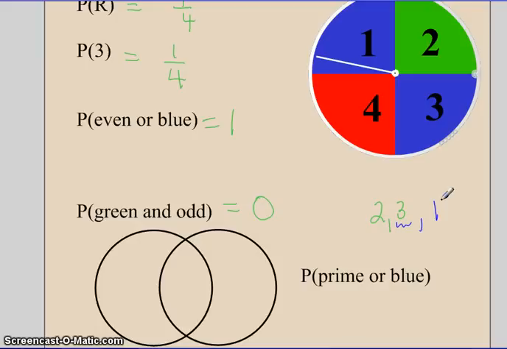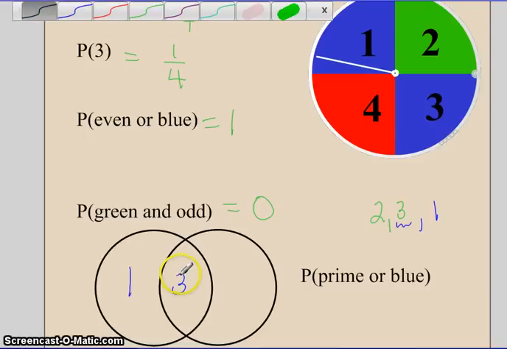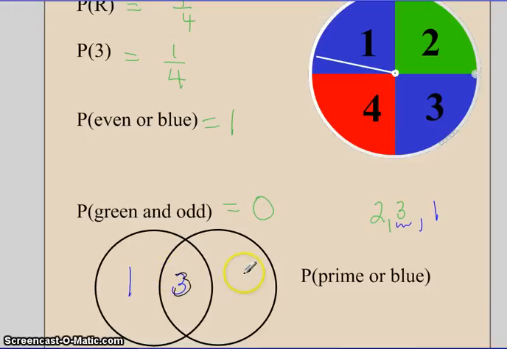So if we draw a Venn diagram over here, for blue we could have 1 and 3, and for prime we could have 3 and 2. And so they intersect at 3. We don't want to count that 3 twice. We only want to count it once. Where they intersect, we only want to count once. So there's only 3 out of 4 in this example. So our probability of prime or blue is 3/4.